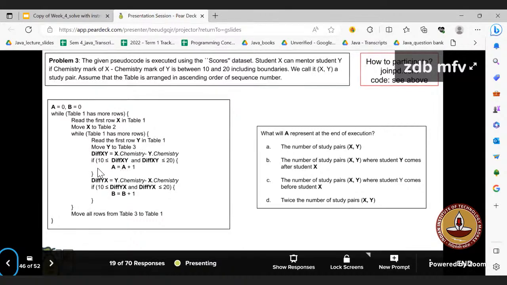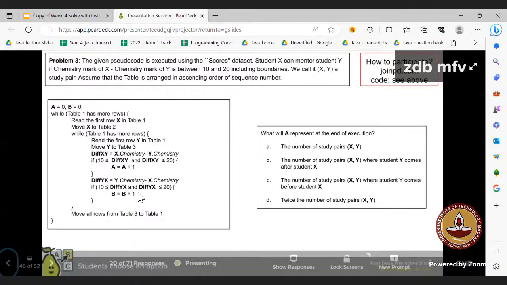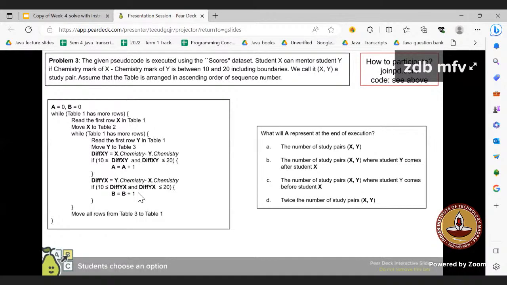A is nothing but when you are doing A equal to A plus 1, when the difference of XY is between 10 and 20, right? Yes, ma'am. What is the answer? B is the answer, ma'am. Yes, B is the answer. Okay, ma'am, I read it wrongly.